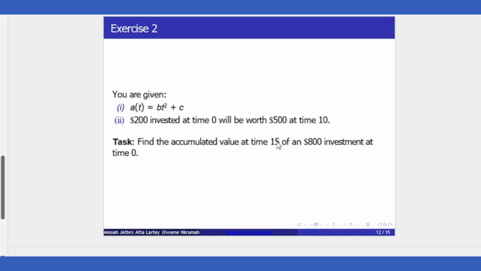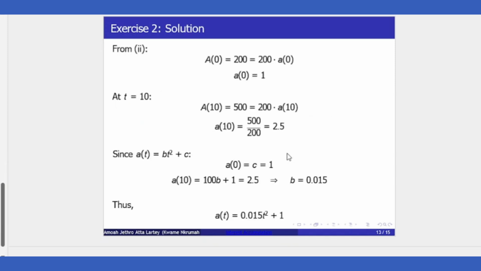So the accumulated value at time 10 is 500, and what we invested is 200. The question is to find the accumulated value at time 15 if 800 is invested. Wow. So let's see how to solve this.